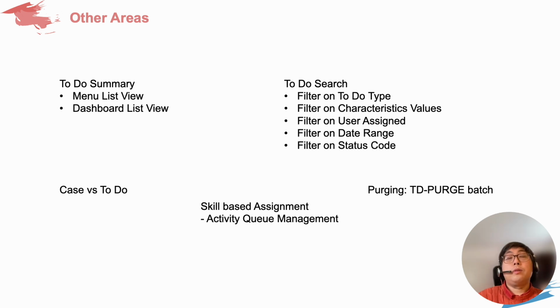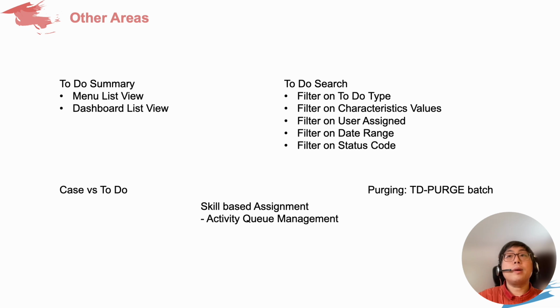So, for example, you can divide things into billing, payments, metering, etc. In these cases, you don't have to define the roles for them, but that gives you another option to assign the to-dos based on the skill of the user rather than the role of the user.